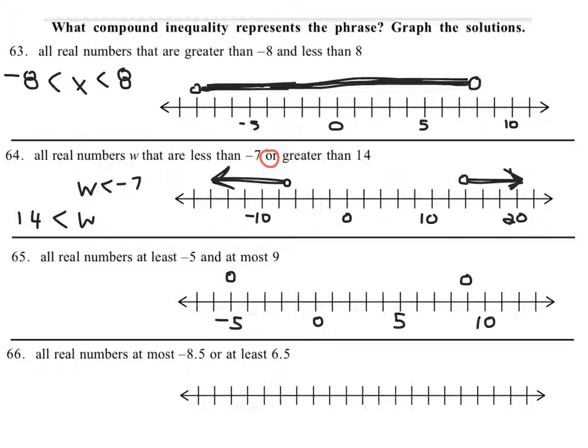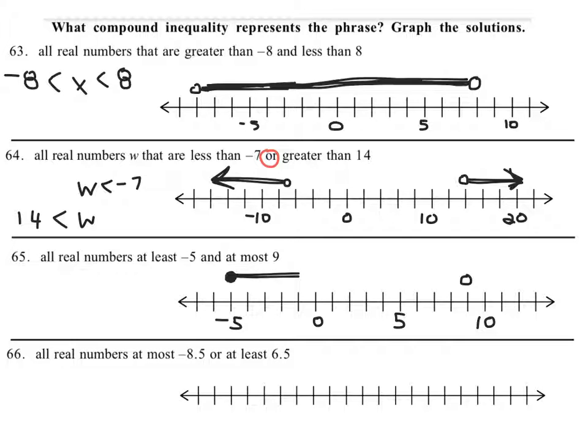Okay, but this says all real numbers at least -5. Okay, so the least that it can be is -5. Can it be -5? Yeah, that's just the least that it can be. Can't be any lower than that, but it can be -5. Okay, so it's at least that, and or greater, right? Because if that's the least, then we've got to be talking about going larger than that.